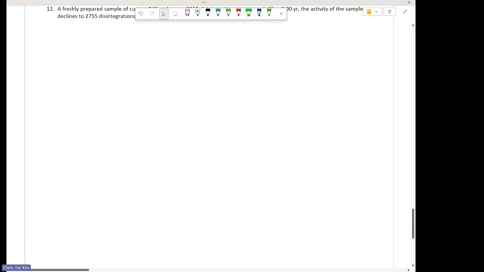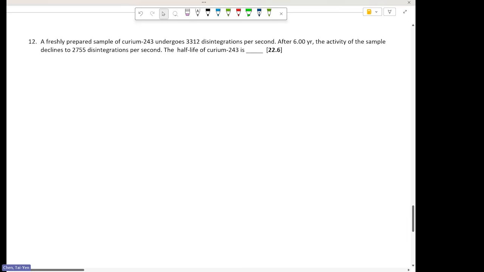Okay, very last one. A freshly prepared sample of chromium-243 undergoes 3312 disintegrations per second. After a certain time, the activity of the sample declined to 2755 per second. It asks you for the half-life. What is the keyword here? Half-life again.